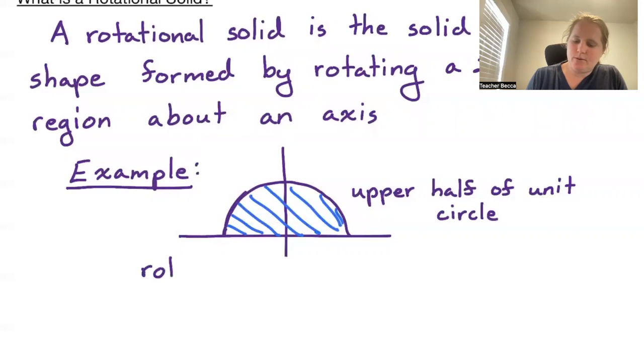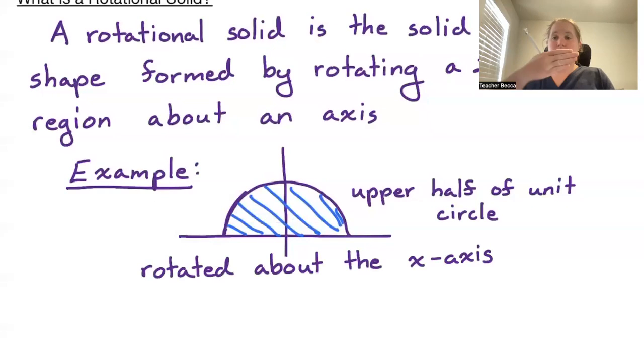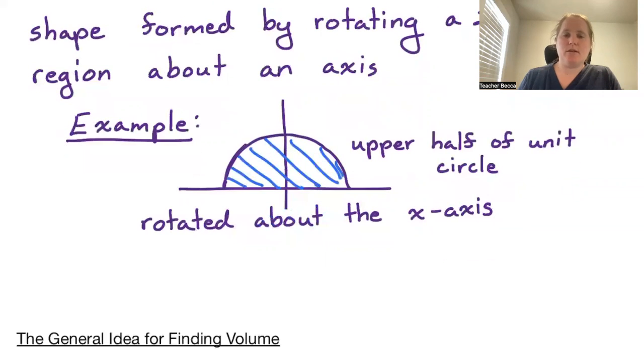So rotate it about the x-axis. If we just took that entire half of the unit circle and just swept it around about the x-axis, it will wind up forming a sphere.